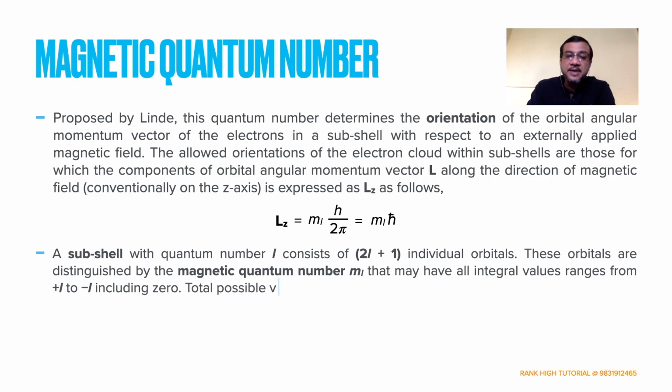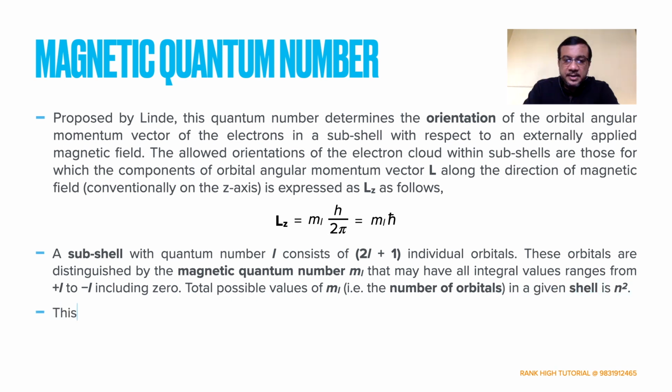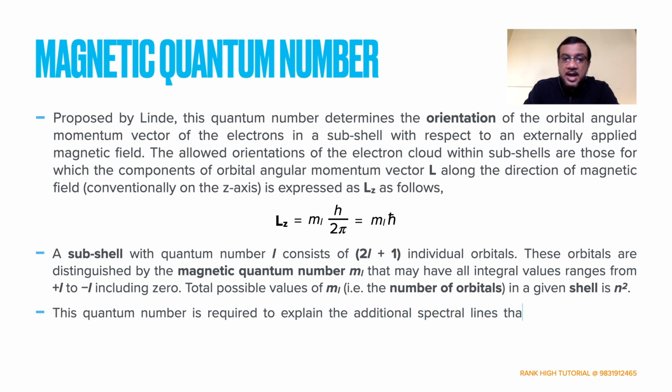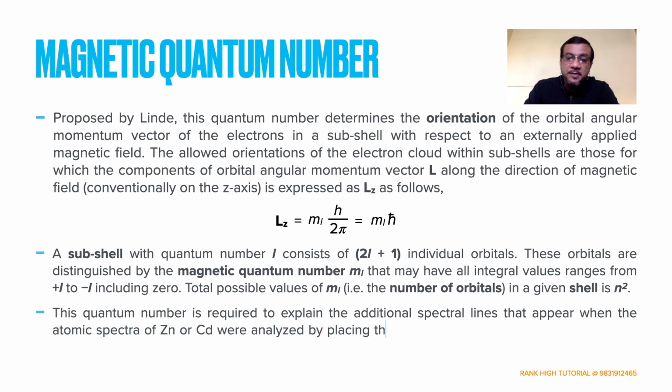The total possible values of ml, that is the number of orbitals in a given shell, is n square. This quantum number is required to explain the additional spectral lines that appear when the atomic spectra of zinc or cadmium were analyzed by placing the source between the poles of a powerful magnet. This was first observed by Zeeman and is also known as the Zeeman effect.